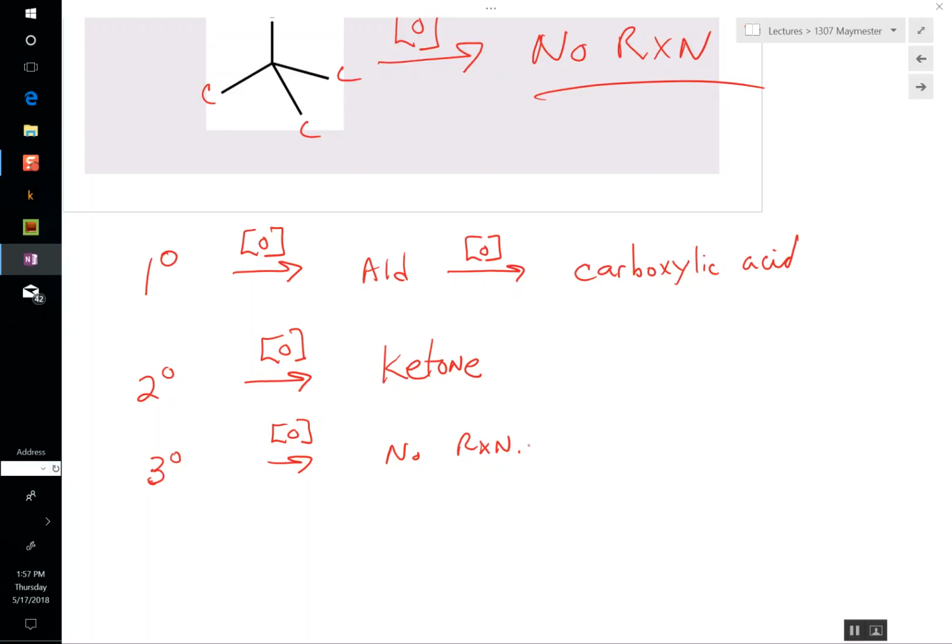You don't need a 1 here. It doesn't matter where I put that OH, whatever carbon it's on, because all 6 of those carbons are the same. No matter where I put it is going to be carbon 1. And if I put something else on there, then I'm always indexing it off of that.